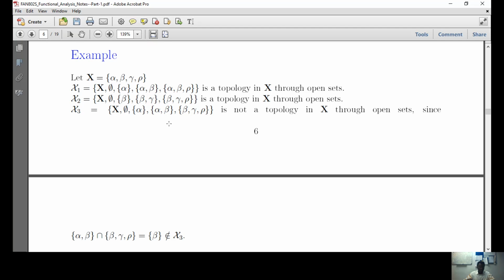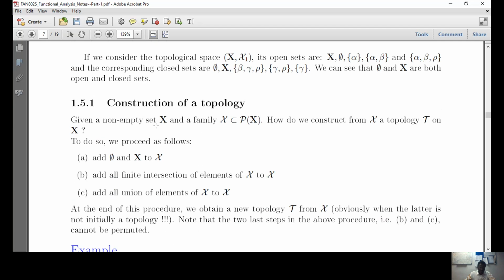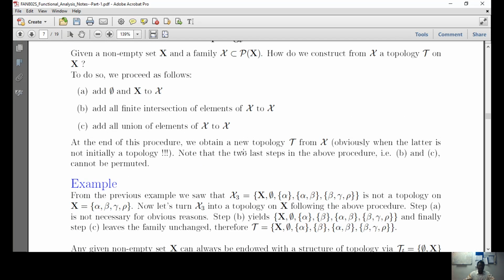So we check all finite intersections; if we get a new set which is not there, we add it. Then all arbitrary unions: we take all possible unions that we can imagine from elements of the family, and we add them. At the end, we will obtain a topology through open sets.